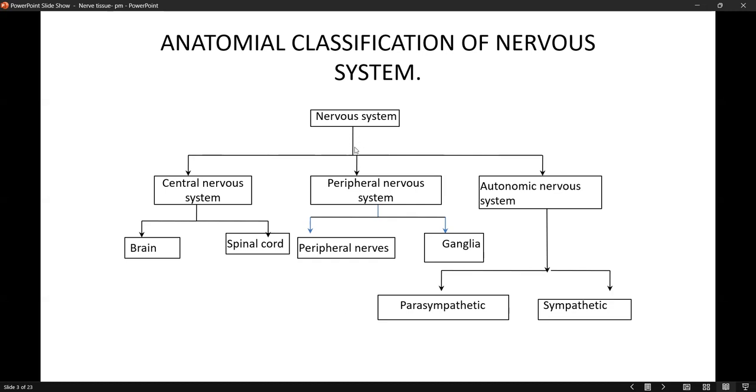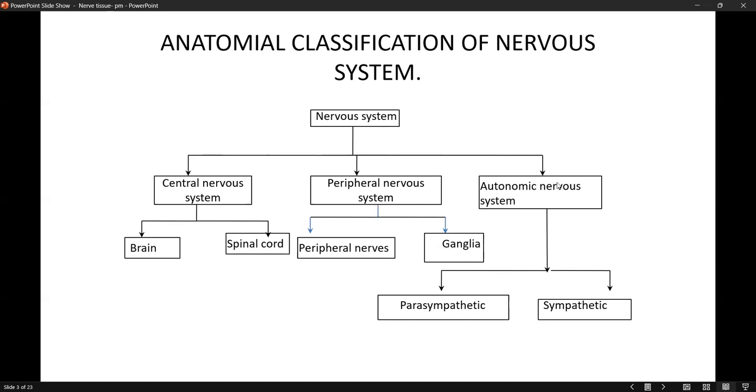Now, the nervous system we can broadly divide into central nervous system, peripheral nervous system, and autonomic nervous system. The central nervous system is divided into the brain and the spinal cord. The peripheral nervous system is divided into the peripheral nerves, which arise from the central nervous system, and of course the groups of neurons that may be seen along with it, which we call ganglia.